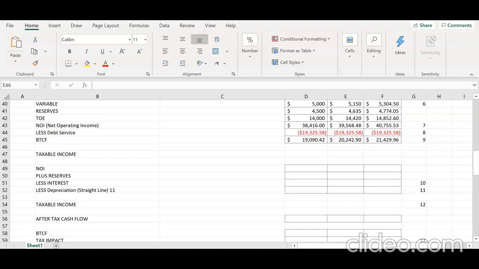To calculate the depreciation, I divided the previously calculated depreciable base by the cost recovery period of 27.5 as provided under the assumptions. Then finally I calculated the taxable income by adding reserves to net operating income and subtracting both interest and depreciation.